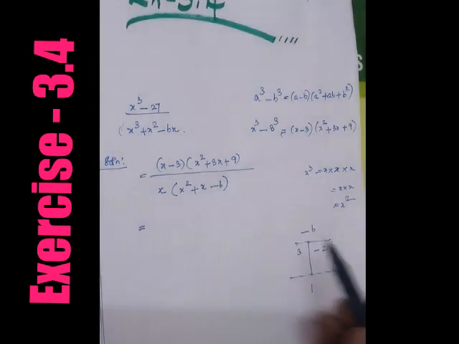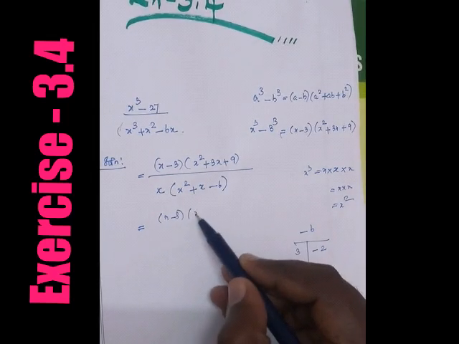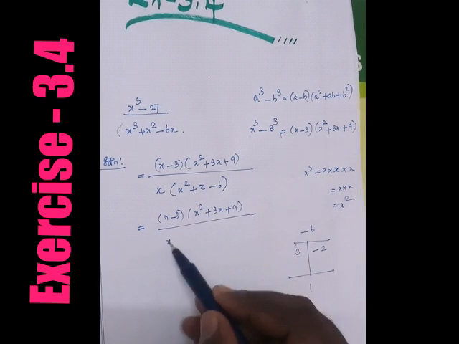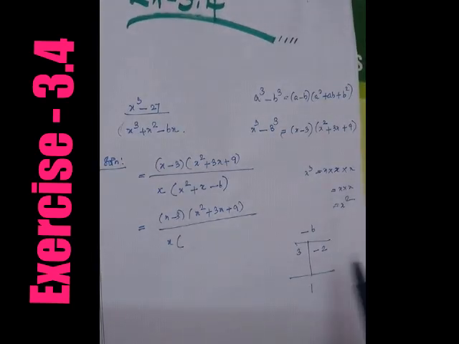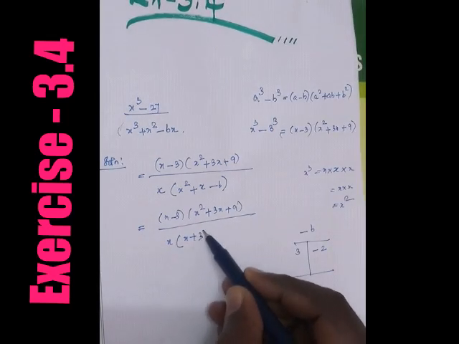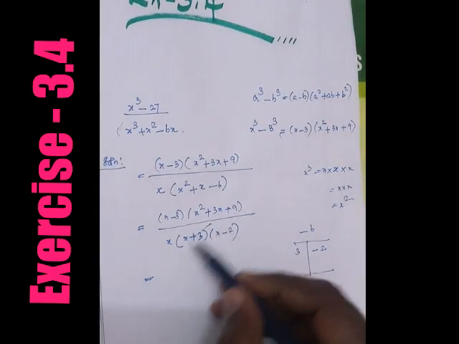So instead of x square plus x minus 6, I replace x plus 3 into x minus 2.